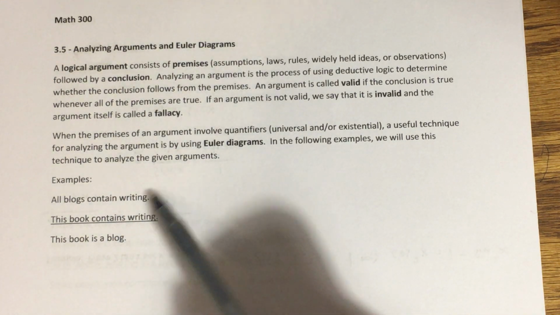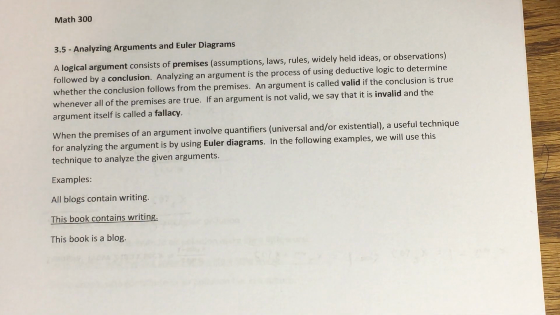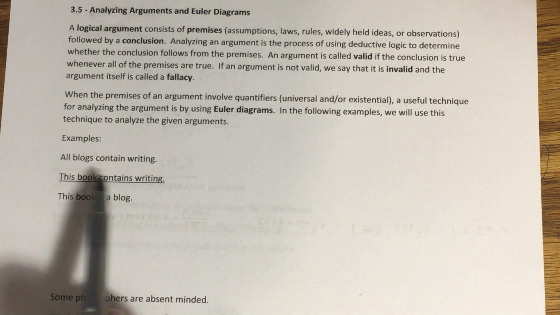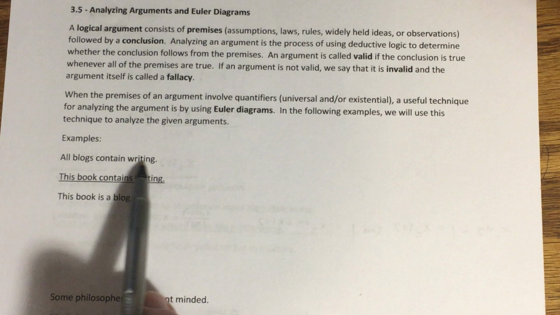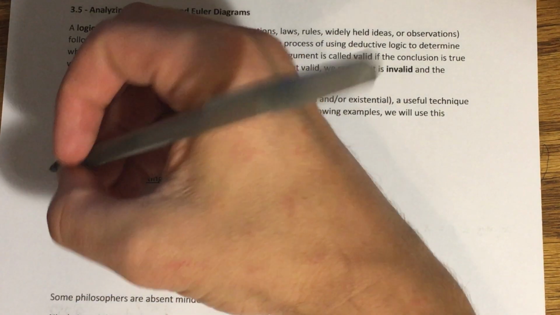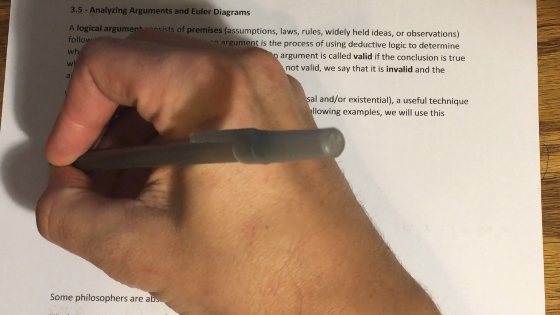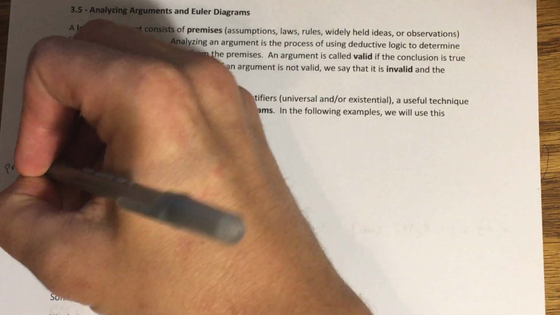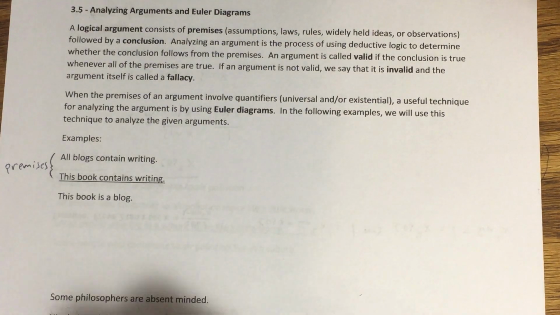This is the structure that we're typically going to see arguments represented in. You notice that we have a couple of sentences here. All blogs contain writing, and then this book contains writing. So these two sentences make up our premises for the argument.